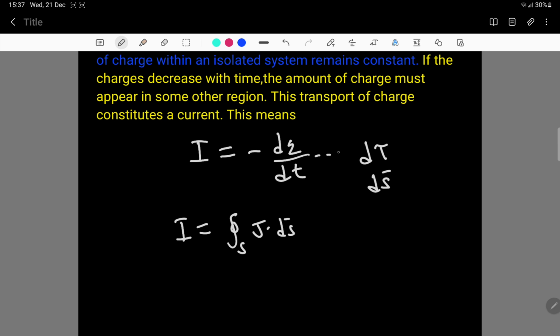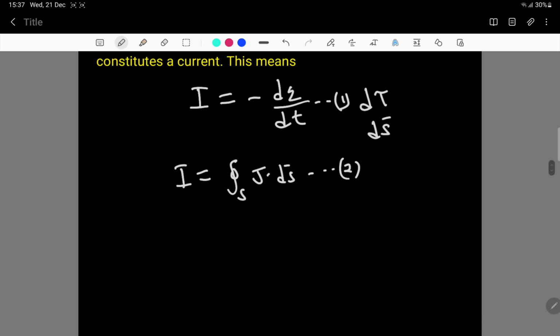Let's call this one equation 1. This one will be equation 2. The total charge enclosed is given by the volume integration of the volume charge density. Now, let's call this one equation 3.